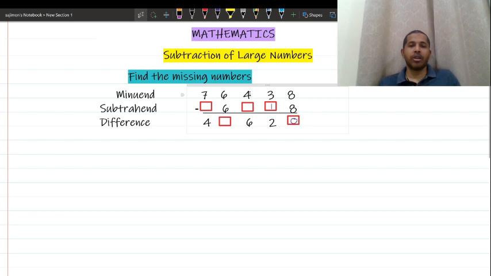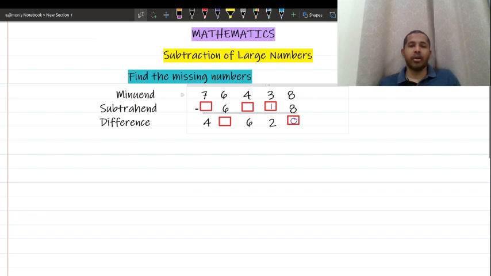Look here, 4 is a small number, 6 is a bigger number. If you subtract any number from 4, do you get the answer 6? No, because 6 is a bigger number. So in this case, what do we do?